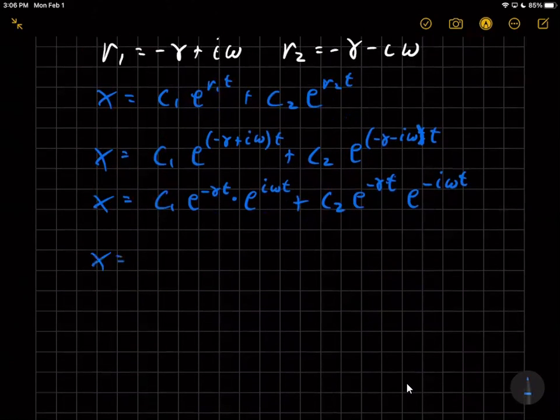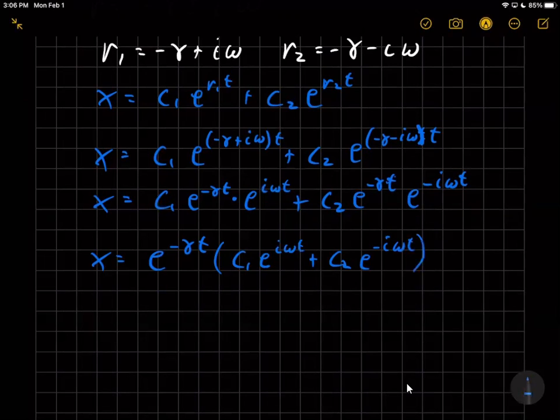We need that to happen. That was part of the solution we're striving to attain. And then what's left inside is C1 e to the i omega t plus C2 e to the negative i omega t, right?